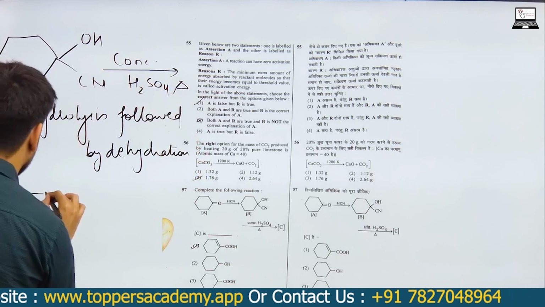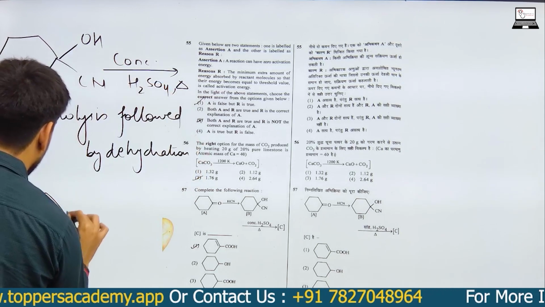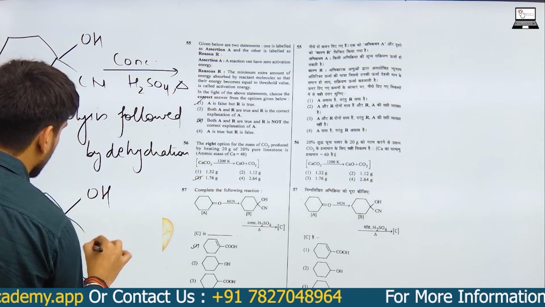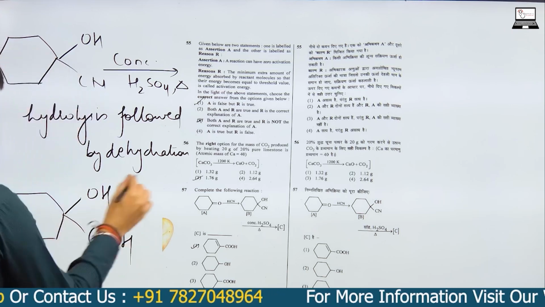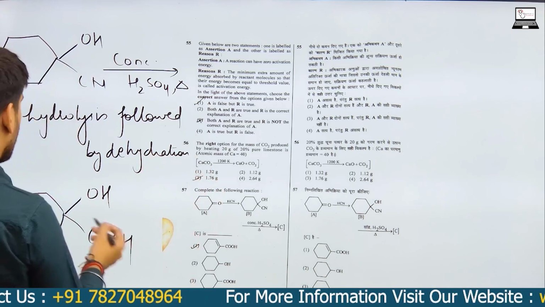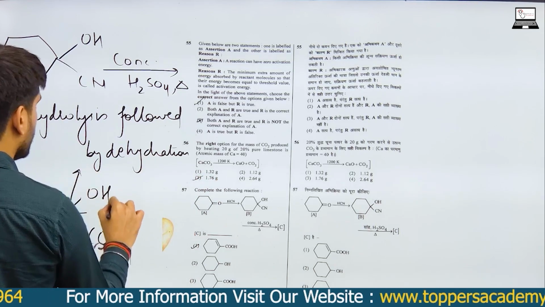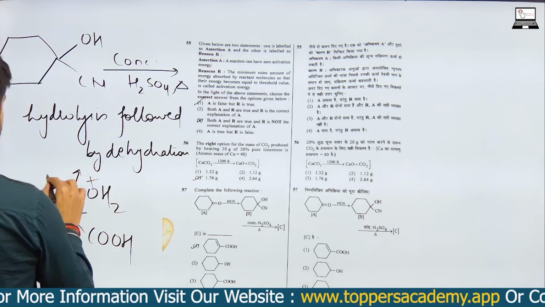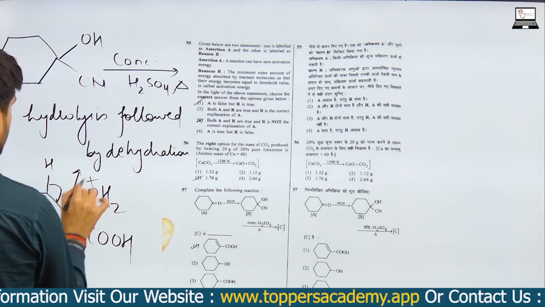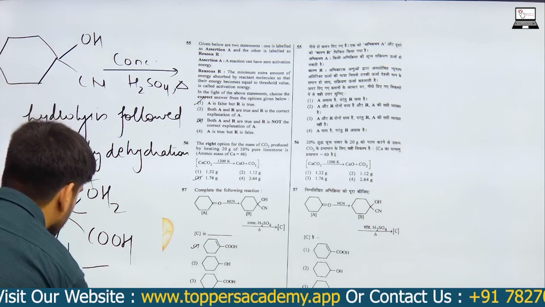So what do you get? After the hydrolysis part, you know that this goes in the form of water, and then you have H over here, and you get something of this form.